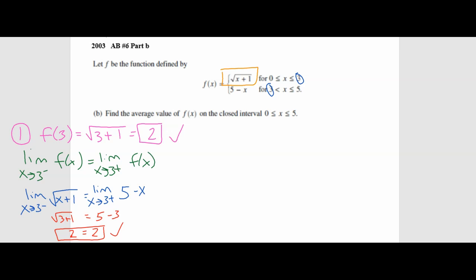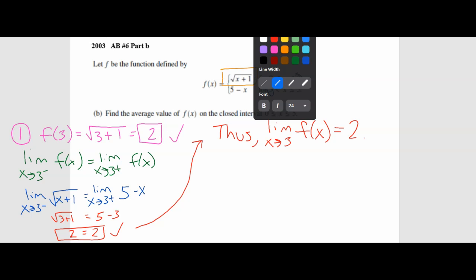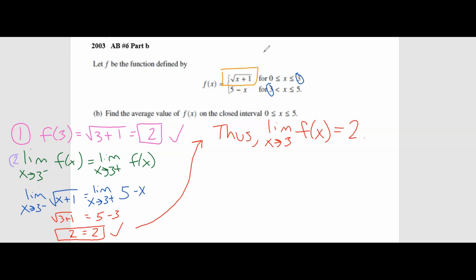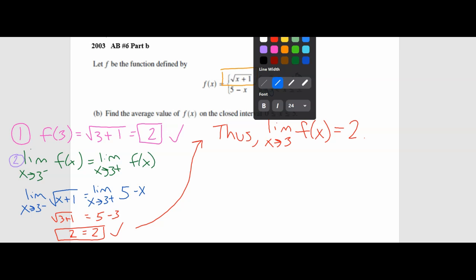We're not done with continuity here. This just lets us make another conclusion. So we can say, thus, the limit as x approaches 3 of f of x is equal to 2. Then we have one more conclusion here. This was all the second part of continuity.